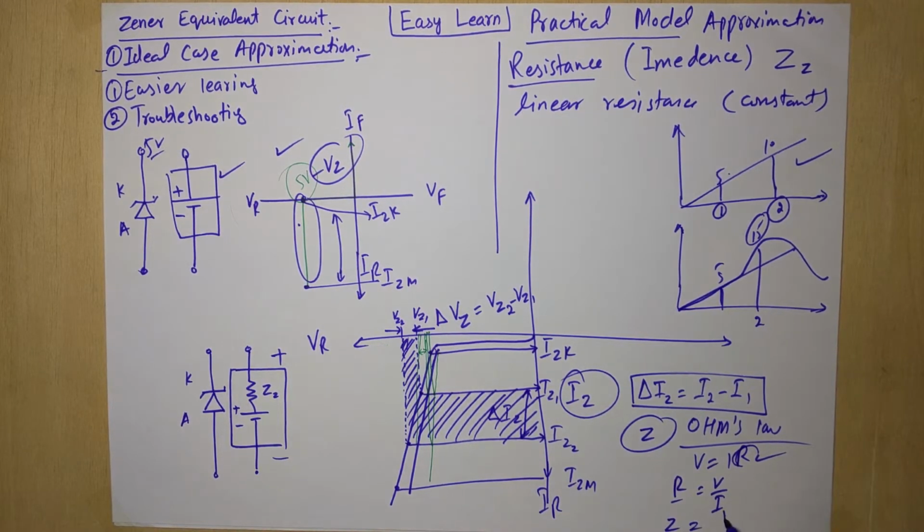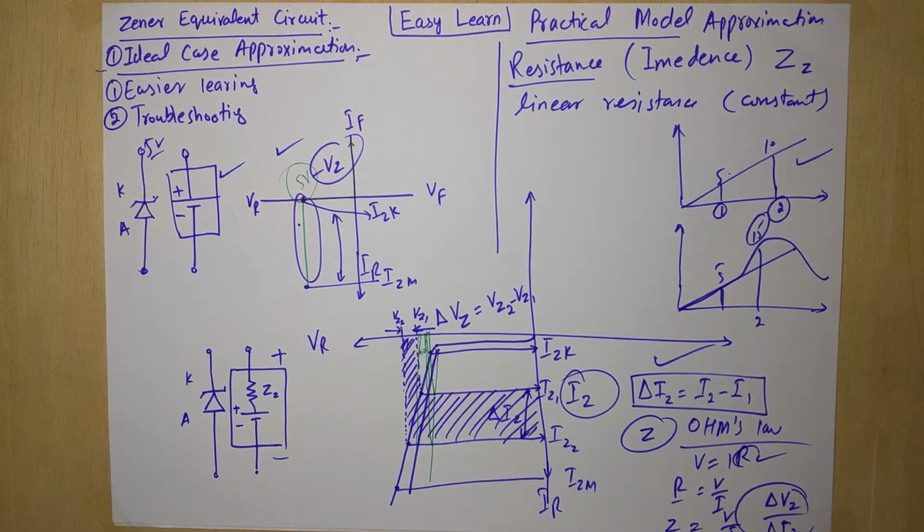In this case Z is equal to V over I, where V is delta VZ for the Zener, and I is delta IZ. This is basically our formula. Normally Z is specified at a Zener test current.